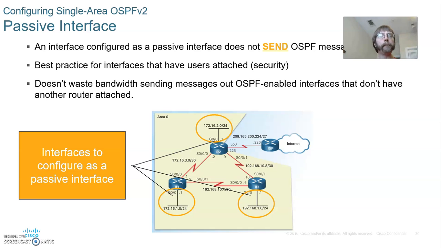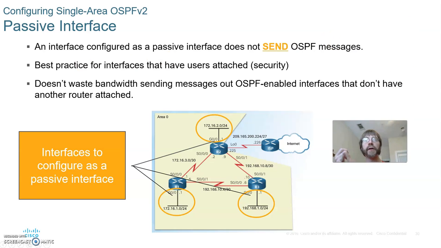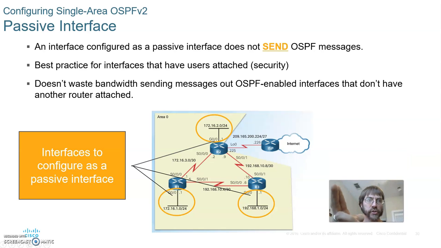In the interest of security, and we could also do this on the loopback as well, and limiting network overhead, you don't want to advertise OSPF messages into those access layer networks, because there's not an OSPF router on the other side to hear that hello message. It's useless. So what we can do is set these gigabit interfaces passive in each router's routing configuration.